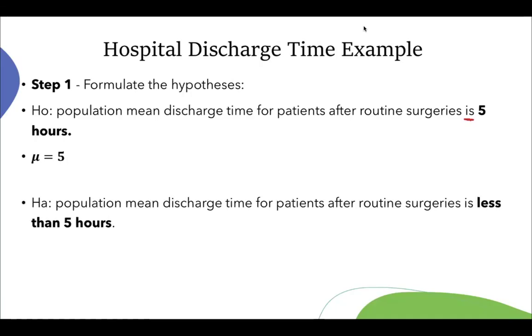And now our counterclaim: the population mean discharge time for patients after routine surgeries is less than 5. Our counterclaim, the alternative hypothesis, always specifies a direction. Mu less than 5. This direction, less than, influences what our picture looks like, and it influences how we calculate the p-value when we eventually go to our calculator.